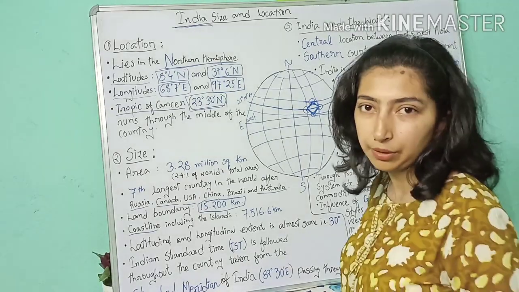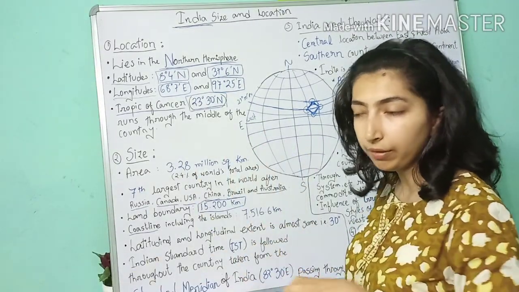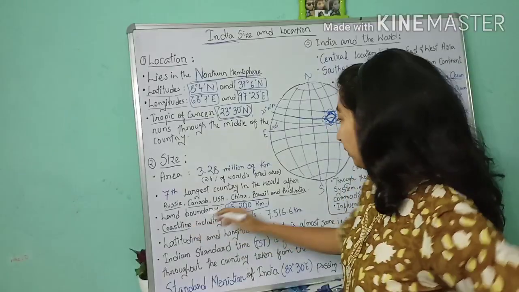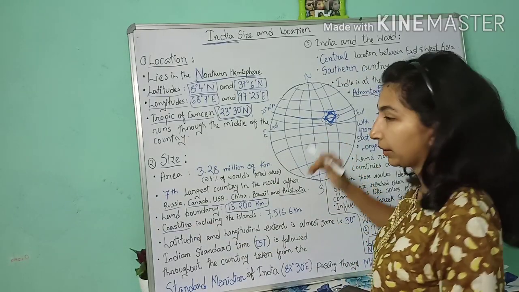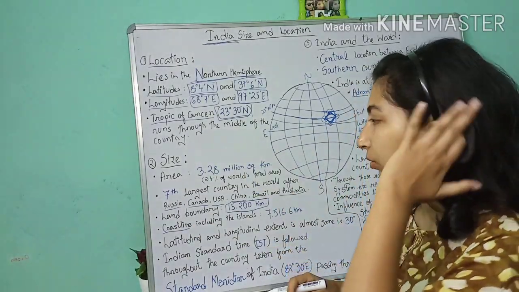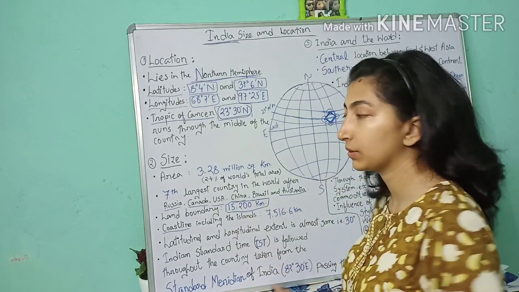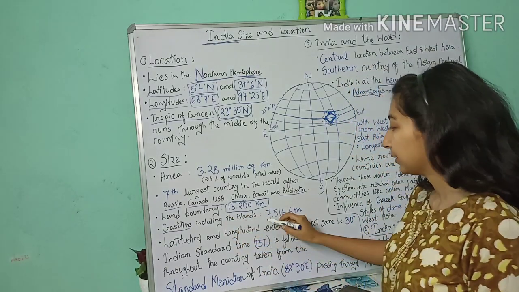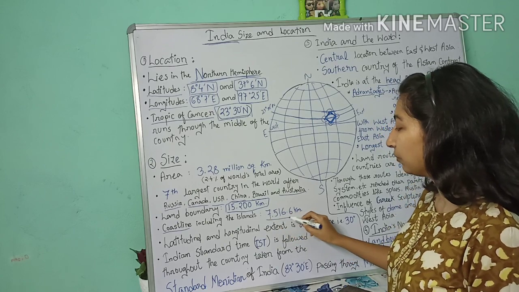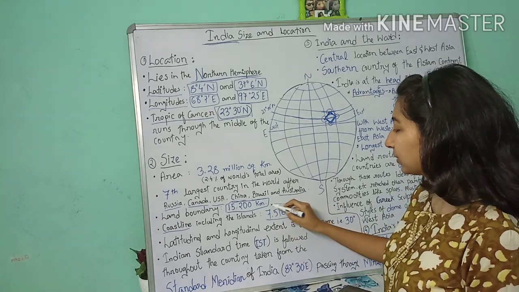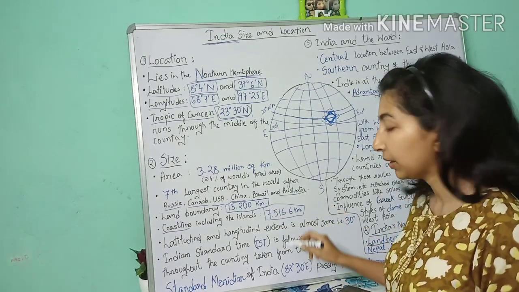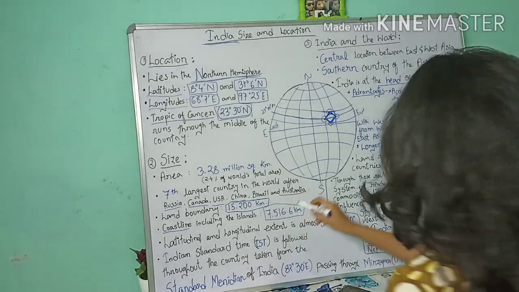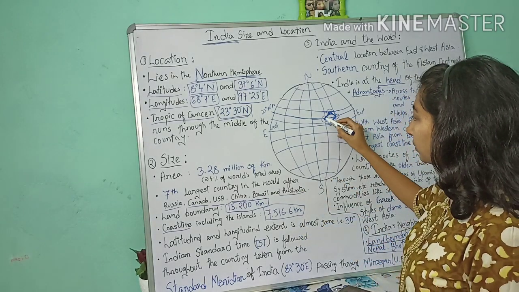On the eastern side we have the Bay of Bengal, on the western side we have the Arabian Sea. The coastline is the area which has a boundary with the sea or the ocean. It is how much? 7,516.6 kilometers, this part.